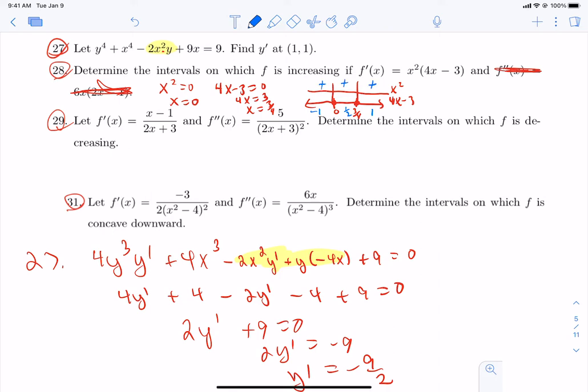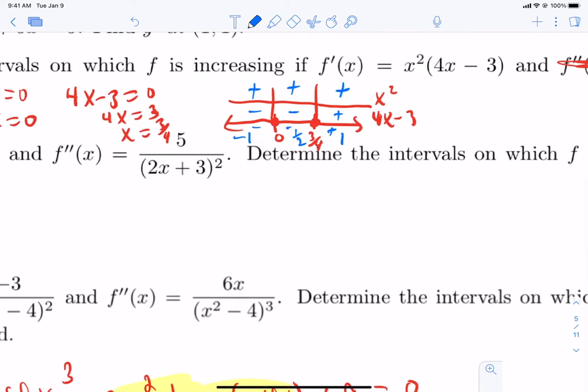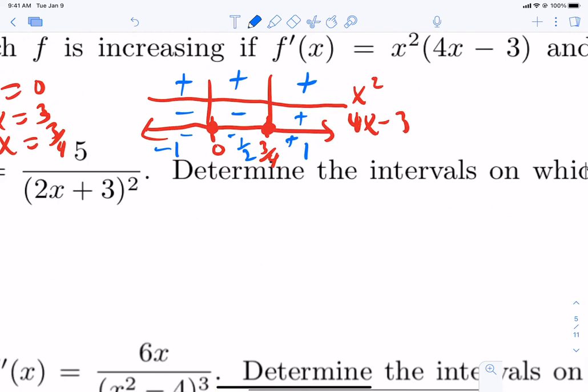For 4x minus 3, we get negative, negative, positive. And so we get a negative, and a positive. Now they said increasing. So the only part on our plus minus chart that is positive or increasing is this part right here. So the answer would be when x is greater than 3/4.